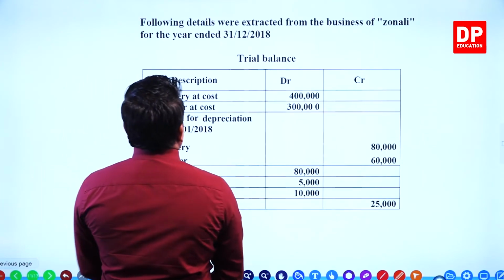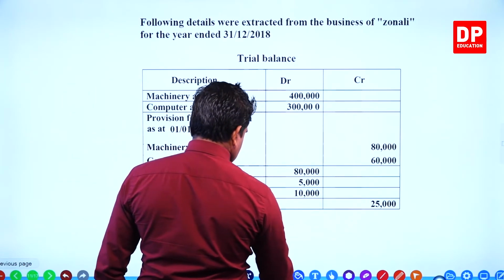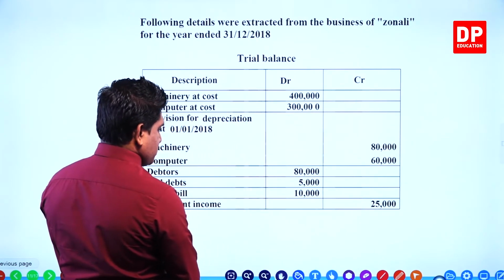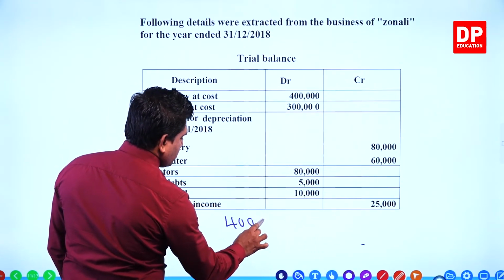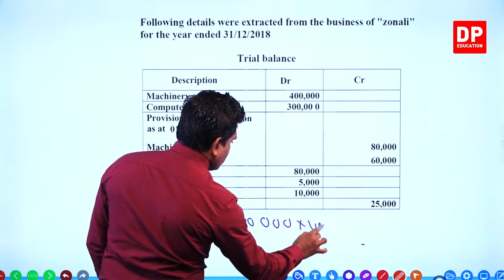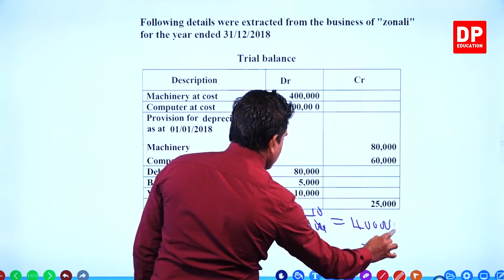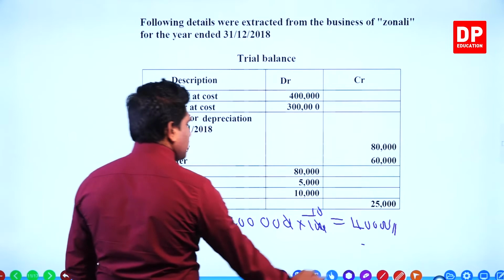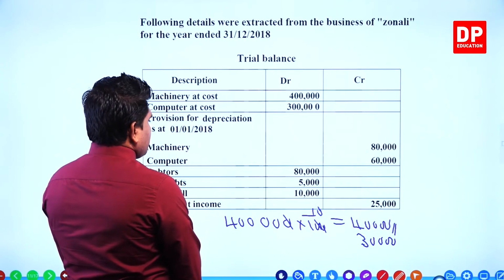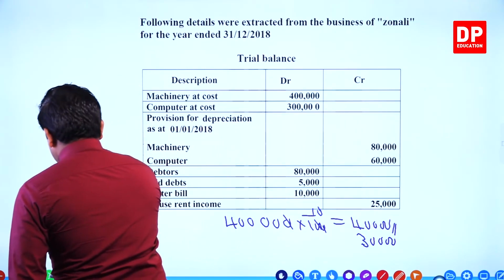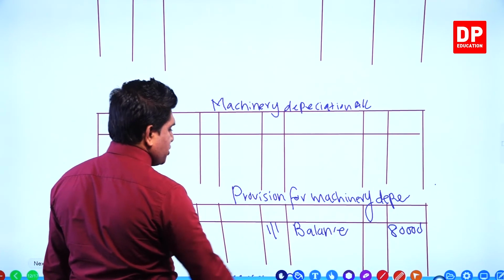Then see, the machinery cost 400,000, then 40,000, right? 300,000, then 30,000, right? How do we do that? 400,000 into 10%, then 40,000. The other one, the same way, 300,000 into 10%, how much? 30,000. Yeah. Okay. Then you do the first adjustment, machinery depreciation.